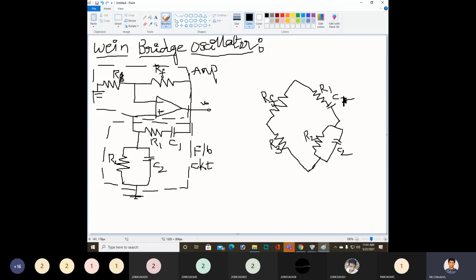Actually this is the R1 only. For your sake I am writing here R3. So this bridge network is connected in the feedback network. In the feedback network only you need to connect your bridge circuit. Here we are getting the output V0.